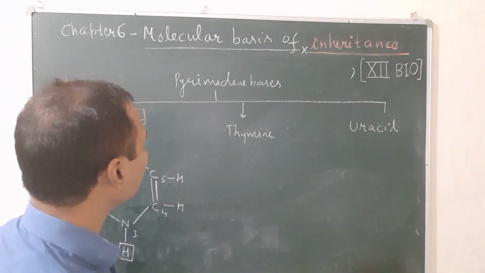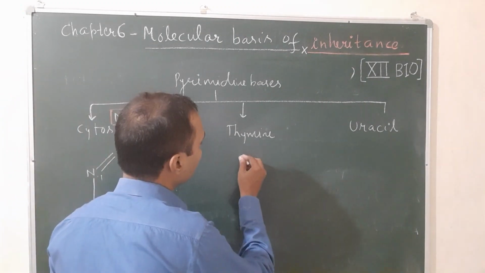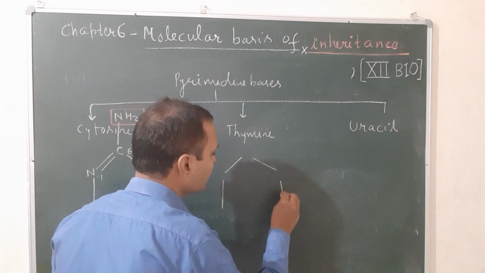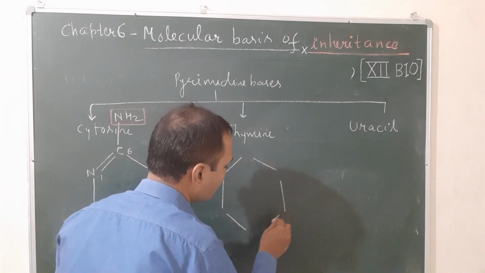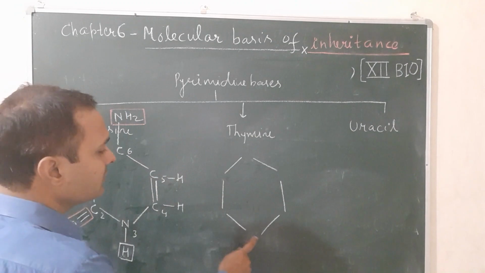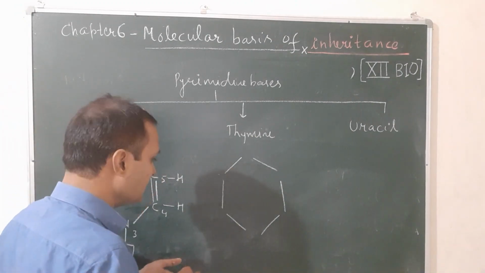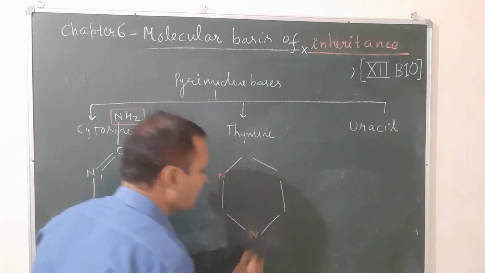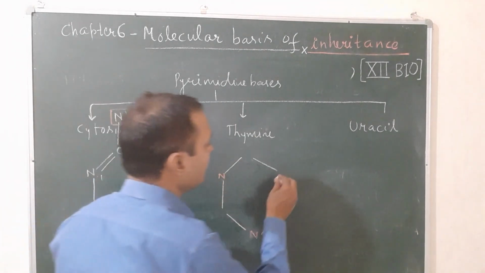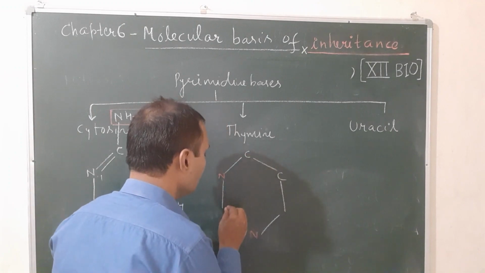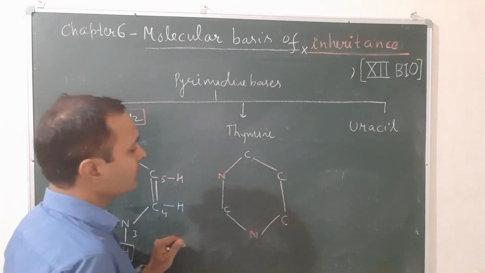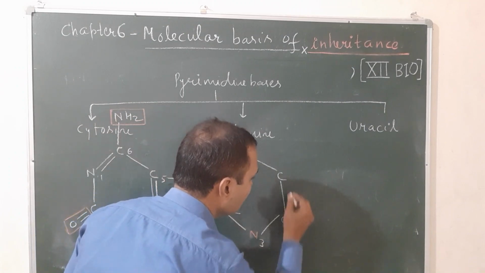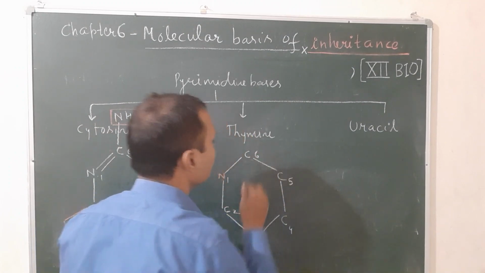Now let us see the second one, thymine. Again you will draw the benzene ring and replace 2 carbons with nitrogen atoms at the 1st and 3rd positions. Then you will write the carbon atoms, with numbering 1, 2, 3, 4, 5 and 6.